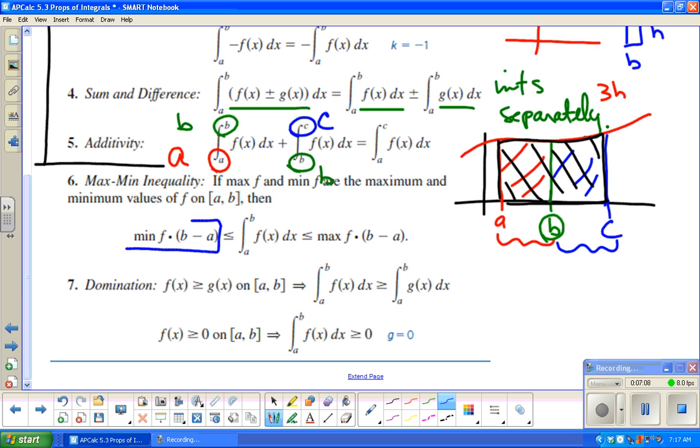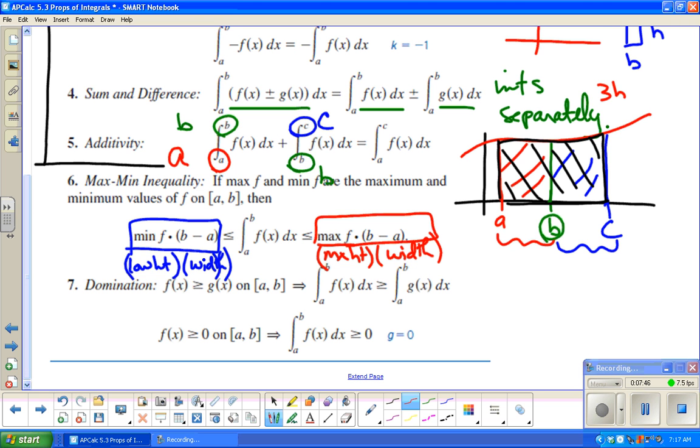Basically, this says if I have a minimum value of a function, a bottom to the function, so this would be the lowest height, then the lowest height times the width gives me the lowest area.